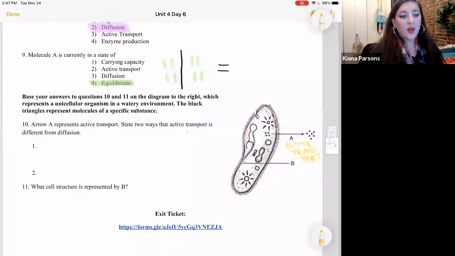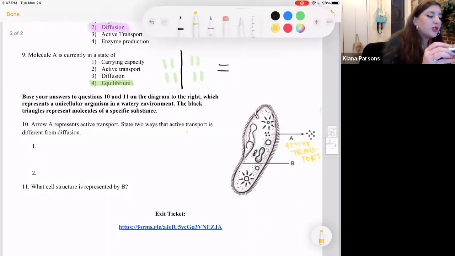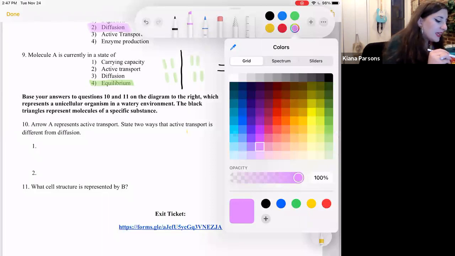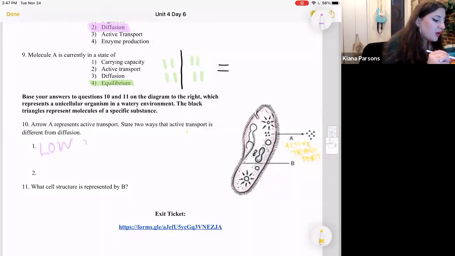All right, so number 10, arrow A represents active transport. State 2 ways that active transport is different from diffusion. So we just said the way we could tell that was active transport is because it goes from low concentration to high.